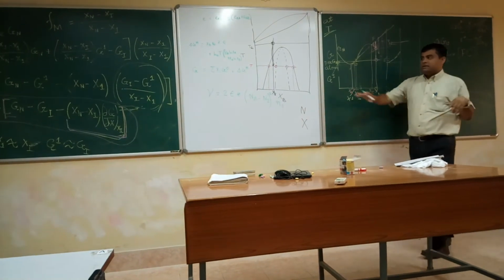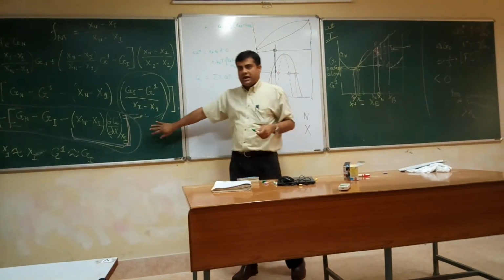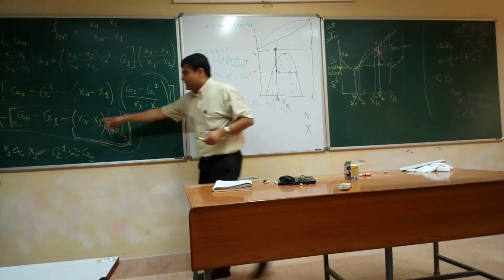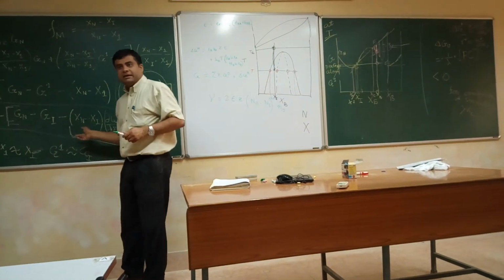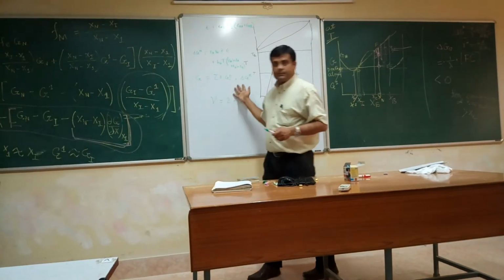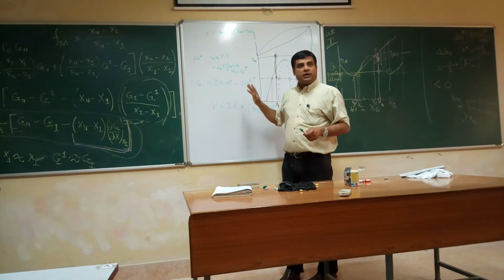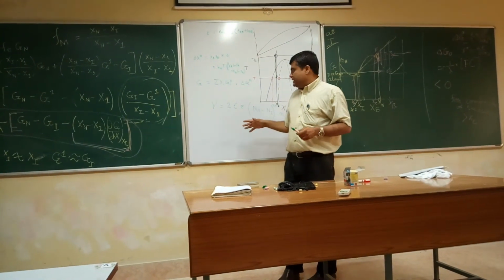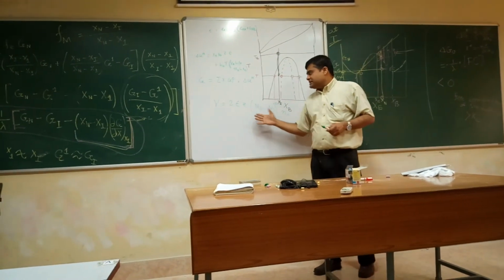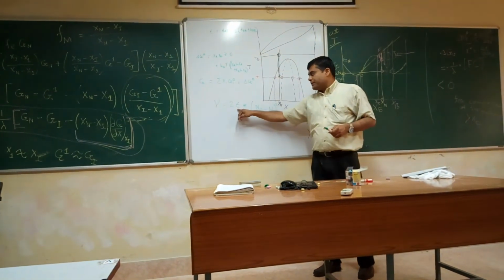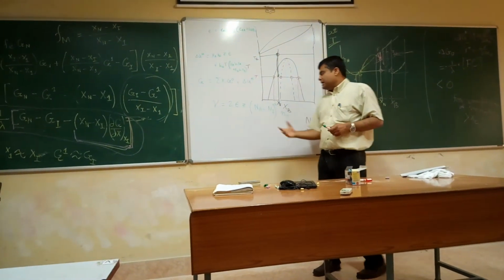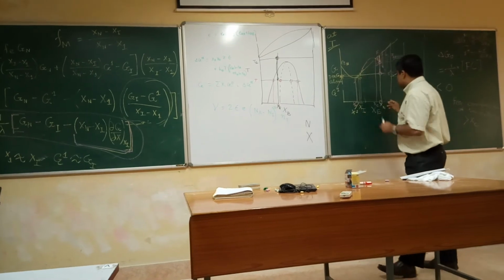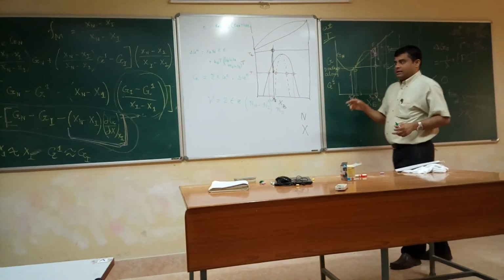Delta GV is obtained from the equation we had, with the corresponding G values. For the interfacial energy, gamma is 2 epsilon z multiplied by the composition difference squared.